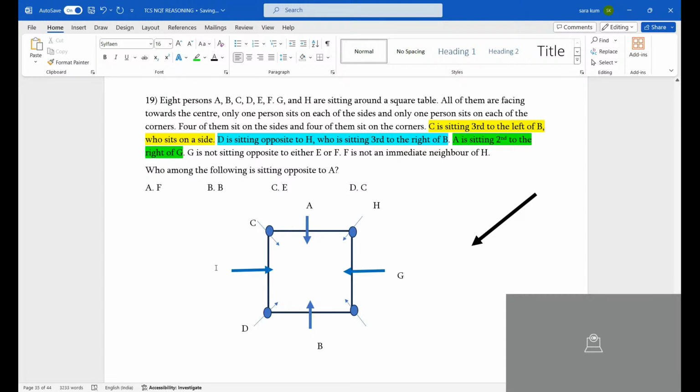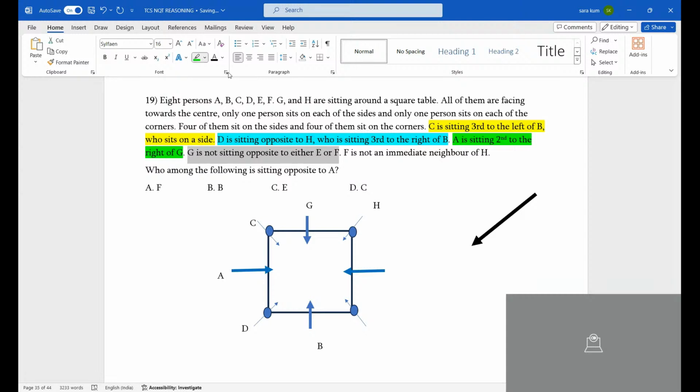And definitely here you must have E or F. But they say that G is not sitting opposite to either E or F. So the only possibility is put G here and put A here. This way, you can make sure that G is not sitting opposite to either E or F. You can see here G is sitting opposite to B, G is not sitting opposite to A or F. So that is achieved. So this clue is also taken care of.